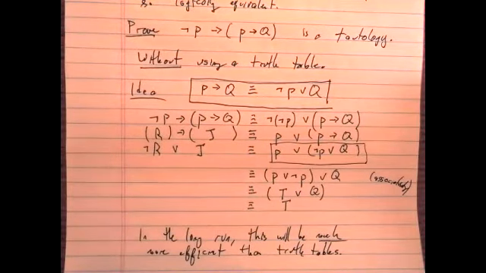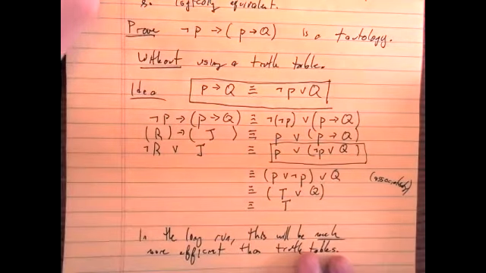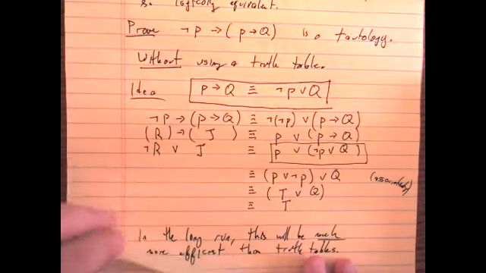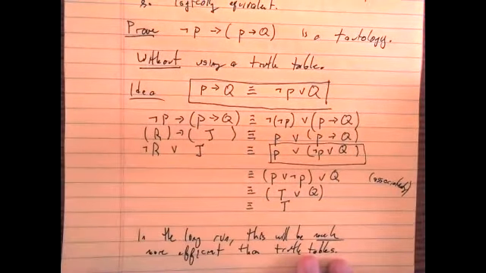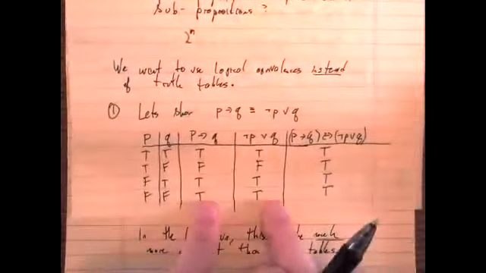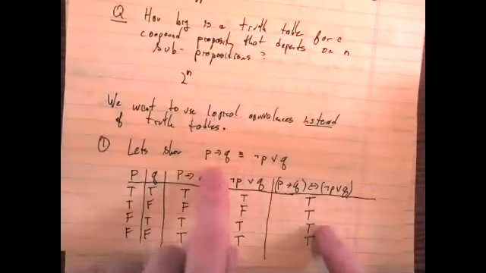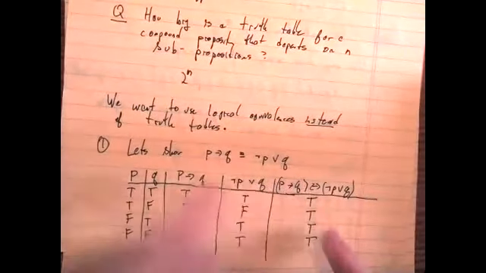Okay, any questions here? Do we need to show why P implies Q is equivalent to the negation of P or Q for homework? Starting now, I would say no, because we checked it very explicitly here. So now that we've checked it explicitly here, you can just use this on your homework freely.